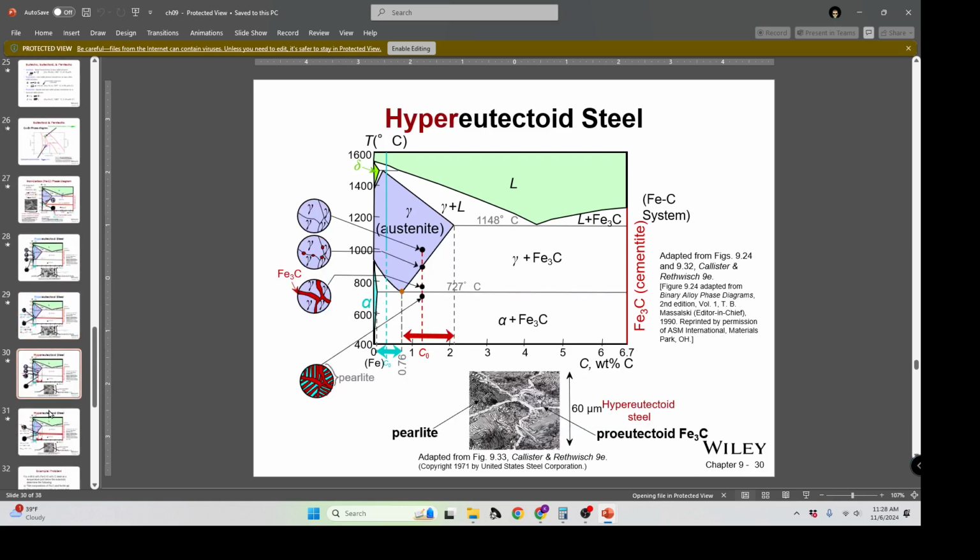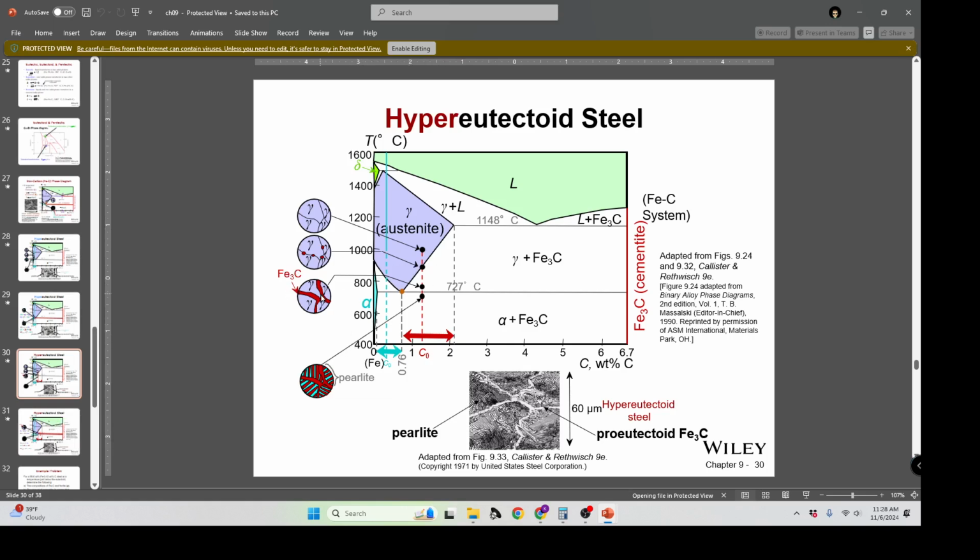Hypereutectoid, which is above the eutectoid, is in this range. There are a lot of examples of these. So a little higher carbon, a little different behavior from this.